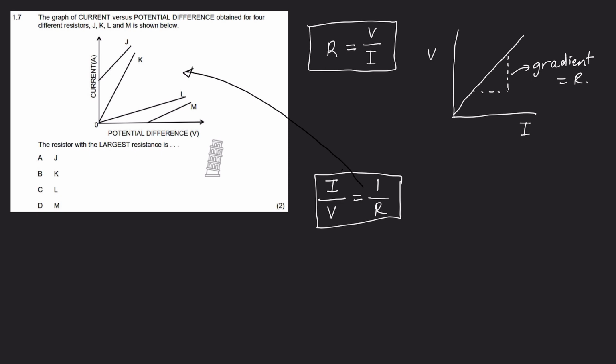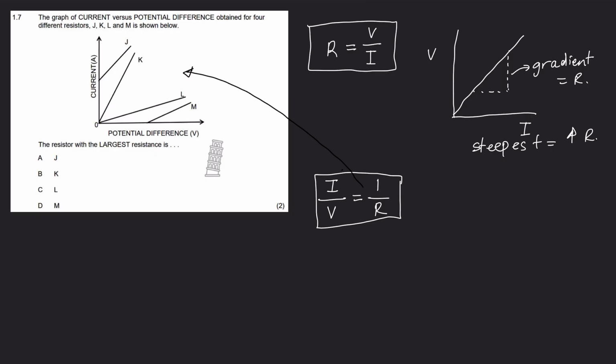So how do we figure out which one has the largest resistance? It's actually going to be the opposite of what we normally would think. Normally we would say the steepest is going to be the greatest resistance.